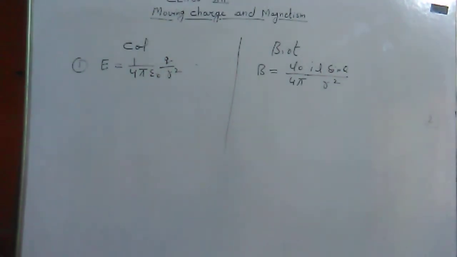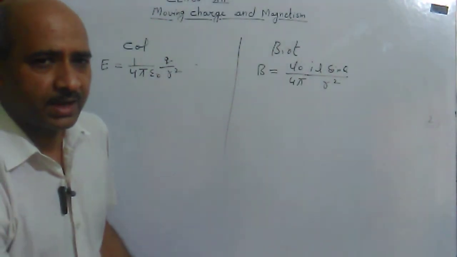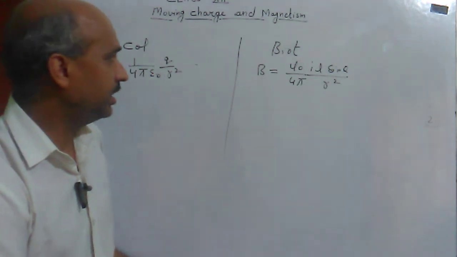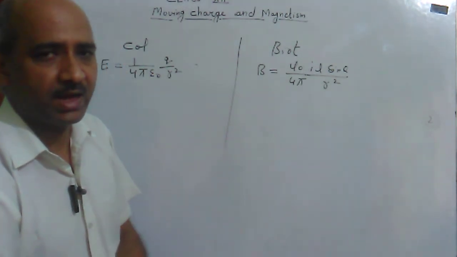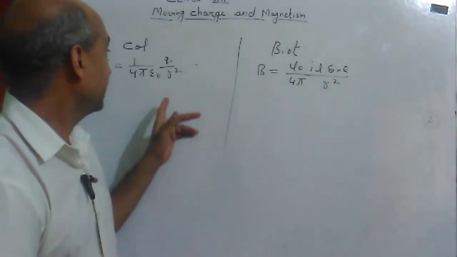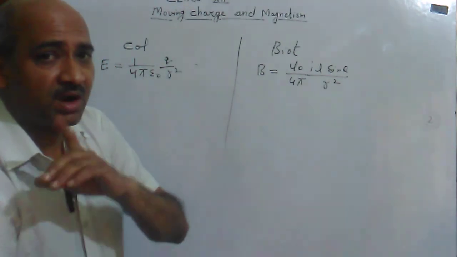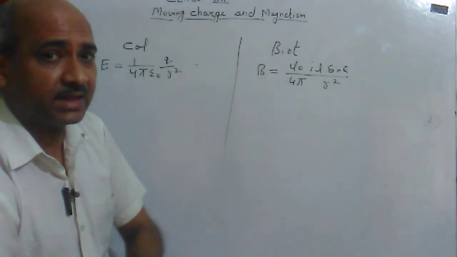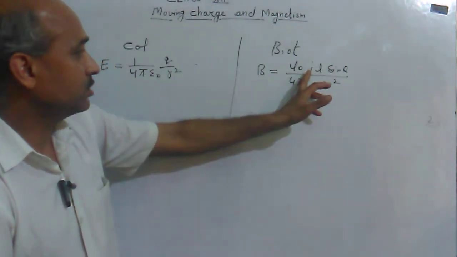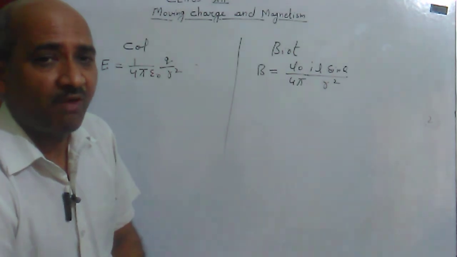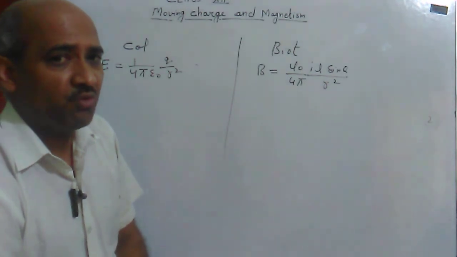Okay, so the Coulomb's law gives you the electric field. Biot-Savart law क्या दे रहा है आपको? मैग्नेटिक फील्ड दे रहा है. सेकेंड जो ये Q है, this is the charge and this charge is the scalar quantity. यहां पे जो IL है, this is the vector quantity. ये क्या होगा? आपका वेक्टर क्वांटिटी होगा.